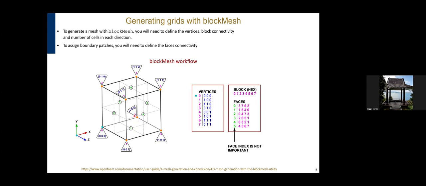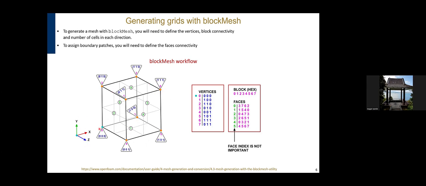And so point 1 in the X is going to be this direction, then 2 and 3. And then we move into the next plane, which is in the Z direction. So for this, we have points 4, 5, 6, and 7.